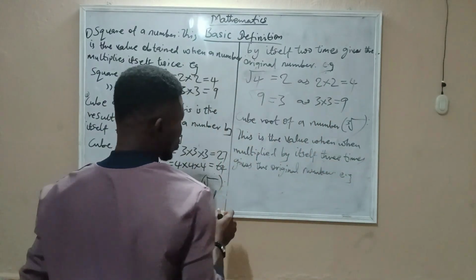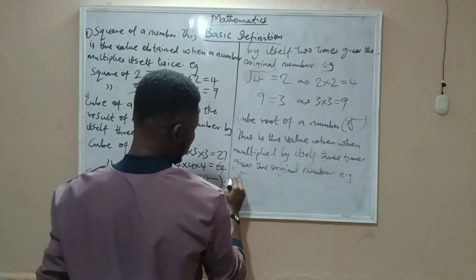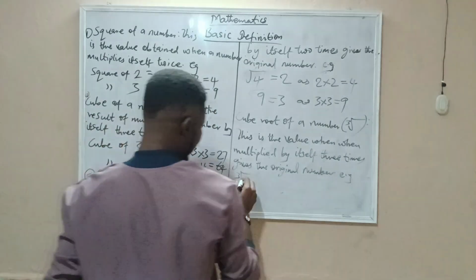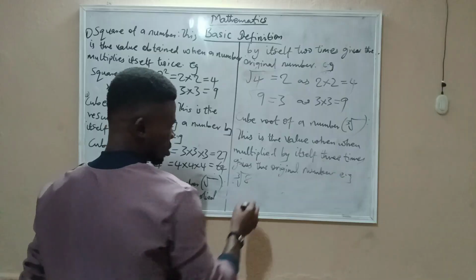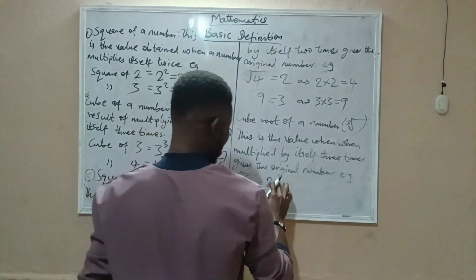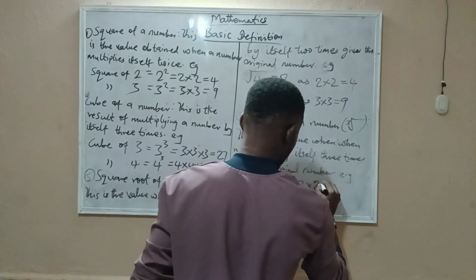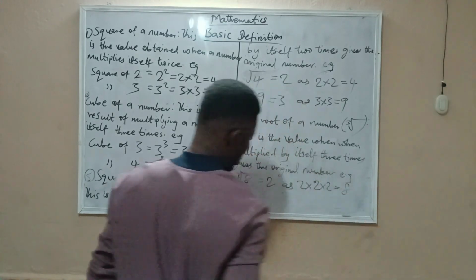Example. When we say cube root of 8, equal to what? 2, as 2 times 2 times 2 equals 8.